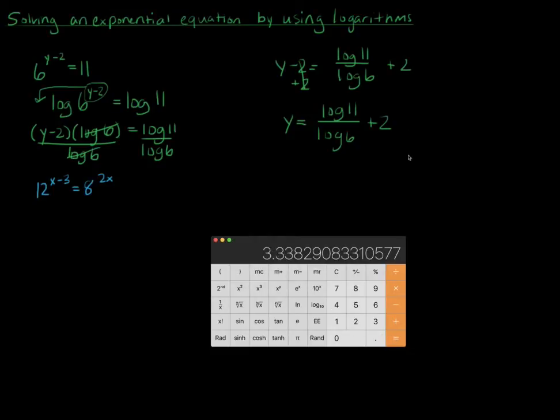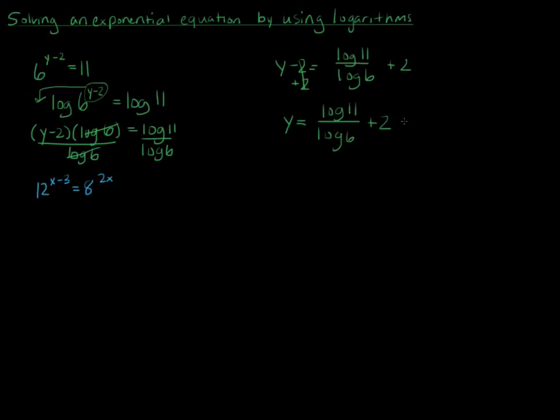And like I said before, in your graphing calculator, you can do this just using parentheses, and that will work too. Okay, so it's 3.34 if we're going to round to the nearest hundredth. So if you're looking for a decimal approximation, we're going to do 3.34.